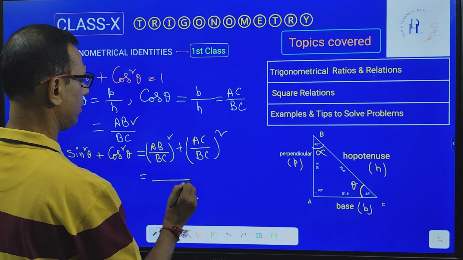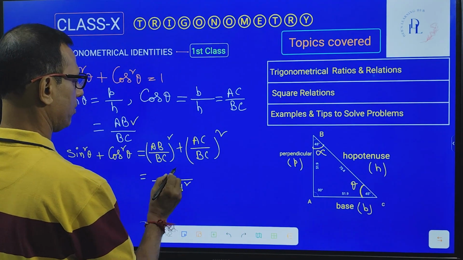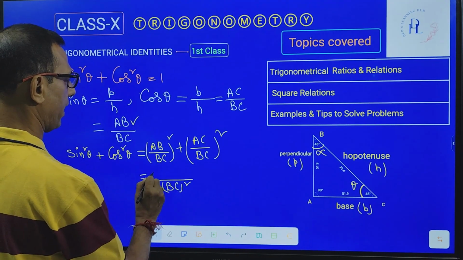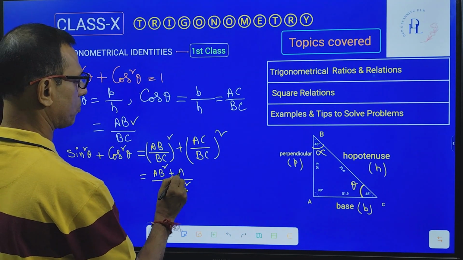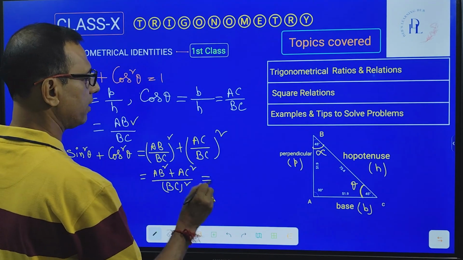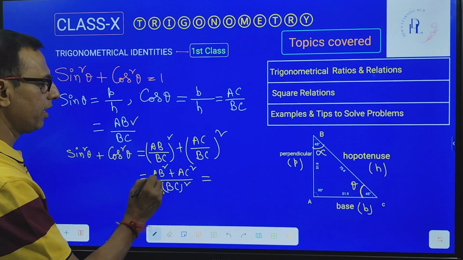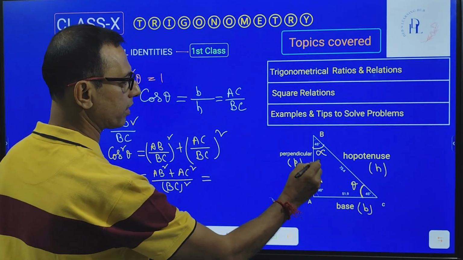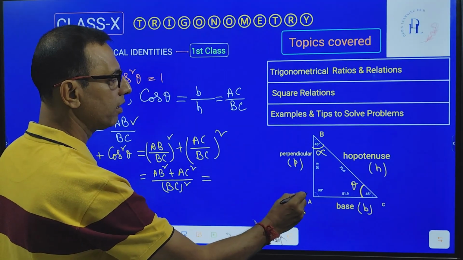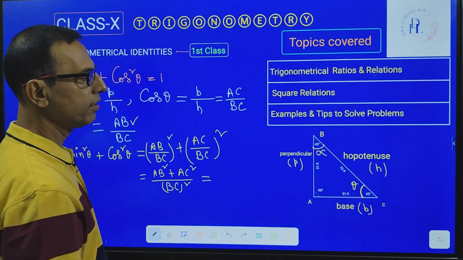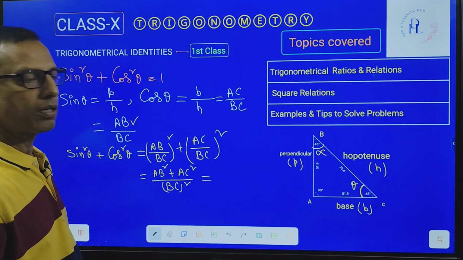Okay, that means we can write BC square in the denominator, and you add up AB square plus AC square. According to the Pythagoras theorem, if you square both perpendicular and base and sum up, that is equal to the square of hypotenuse.